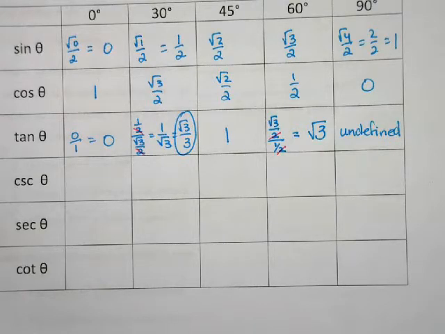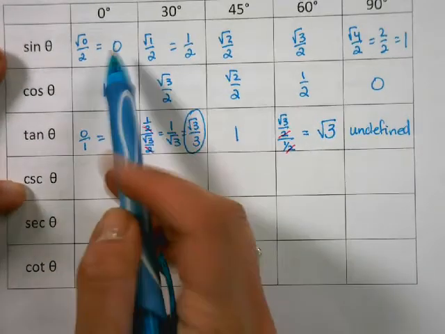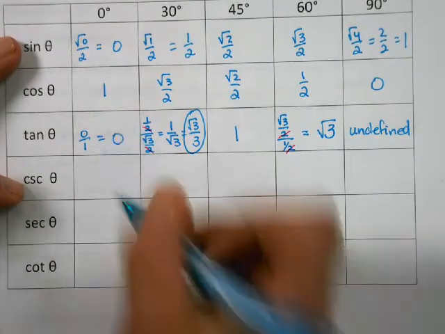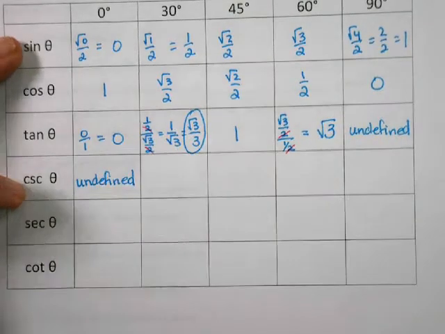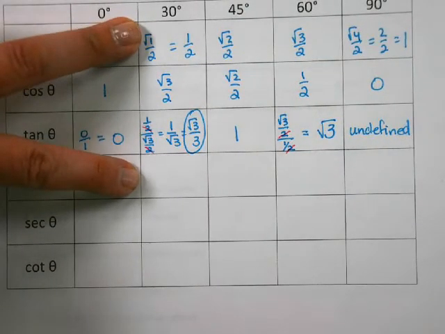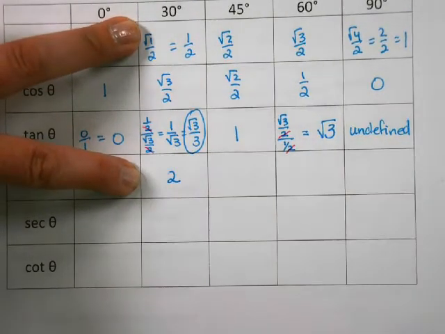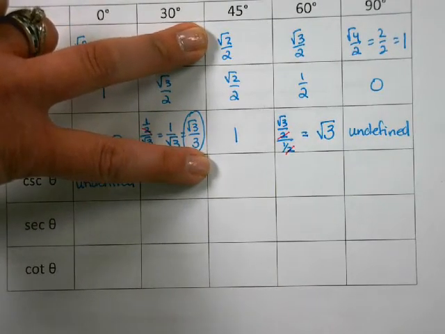How can we find cosecant, secant, and cotangent, though? We could flip over sine, right? Sine and cosecant are reciprocal, so we could just flip this guy over. Okay, so if I do that, what do I get for the cosecant of 0? Undefined. Okay, cosecant of 30. 2. 2 over 1 or just 2? Flip over root 2 over 2.